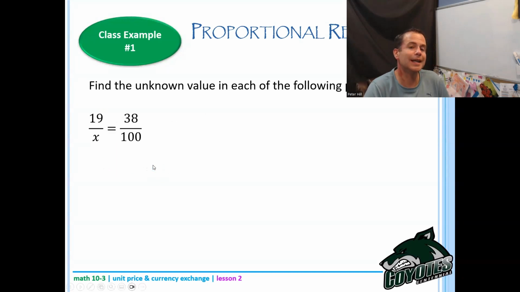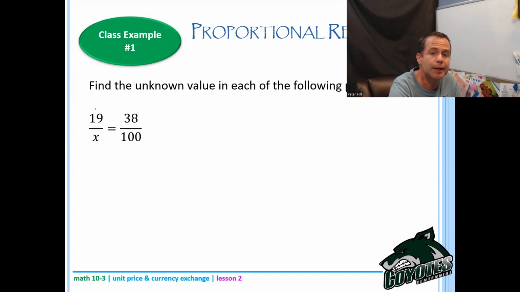Let's try 19 over x equals 38 over 100. You can do both the same methods. You can say, how do I go from the 19 to the 38? Some of you may see that and say, oh, I'm multiplying that by 2. So now you could ask, what number would I need to multiply by 2 to get 100?